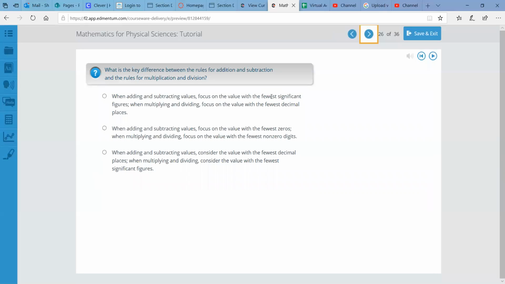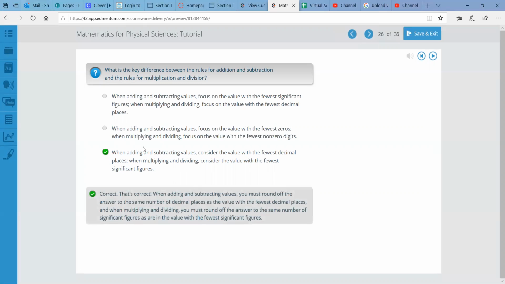So, this asks the key difference between adding, subtracting rules versus the multiplication and division rules. And which one sounds like the most correct? It's this one. Okay.